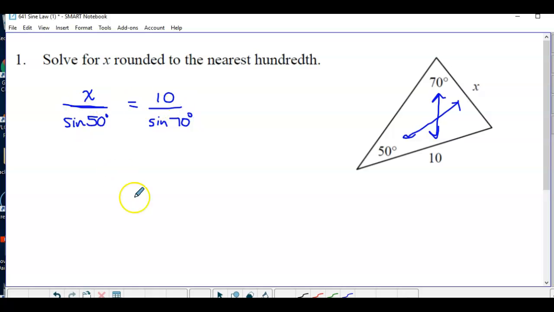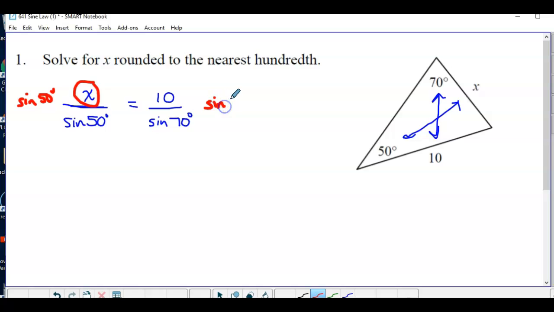Now to get x by itself, the fastest way, I'm not going to multiply by the common denominator because then I'd have to do two steps. There's nothing multiplied by x, so the easiest thing is just to multiply both sides by sine 50. You can cross multiply, but then you do have to divide.